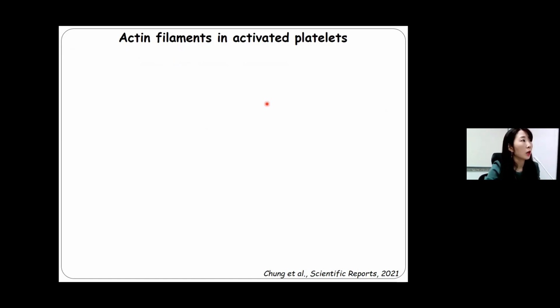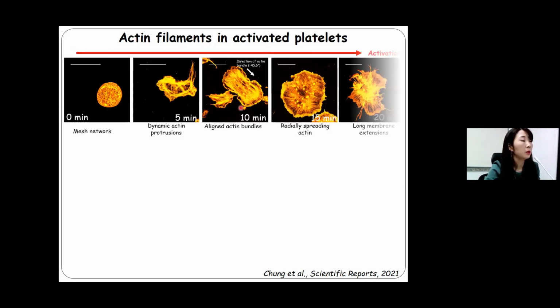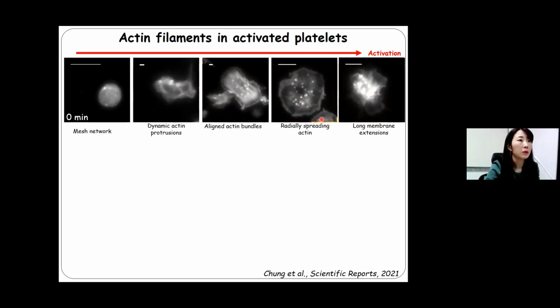When we took STORM imaging for actin filament, we could observe a homogeneously distributed mesh actin network in resting platelets. As the activation process goes on, the platelet is stretched out in one direction, and then finally spreads out radially, as shown here. This ultrastructure has not been resolved by conventional light microscopy.